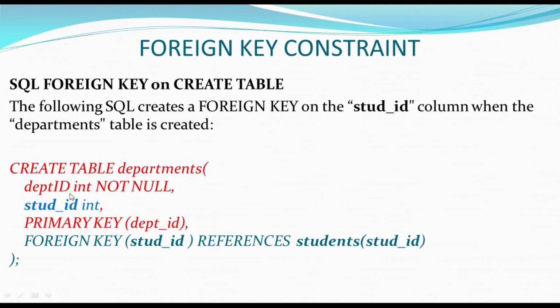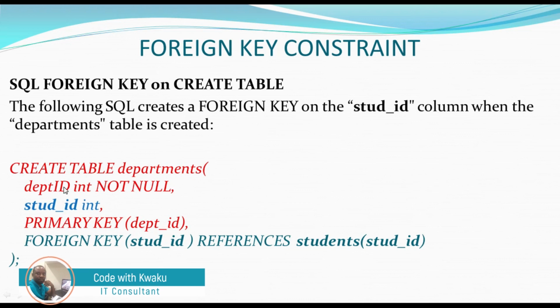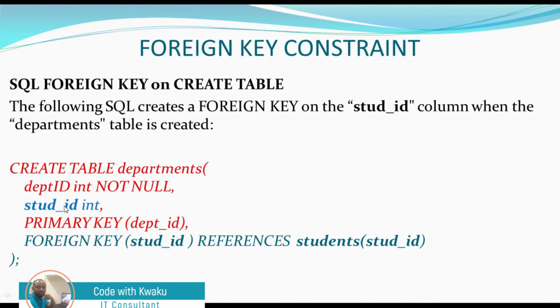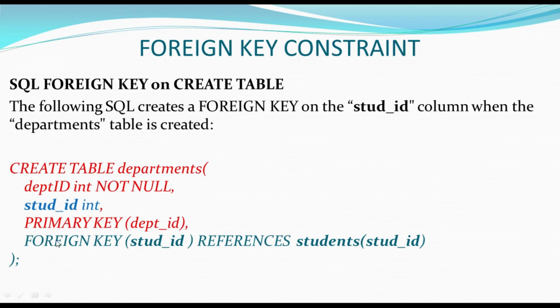So this is a departments table, we have department ID, then we bring student ID in as a foreign key. So foreign key, in brackets student ID, references a table called students, and the field we are referencing from is the student ID.